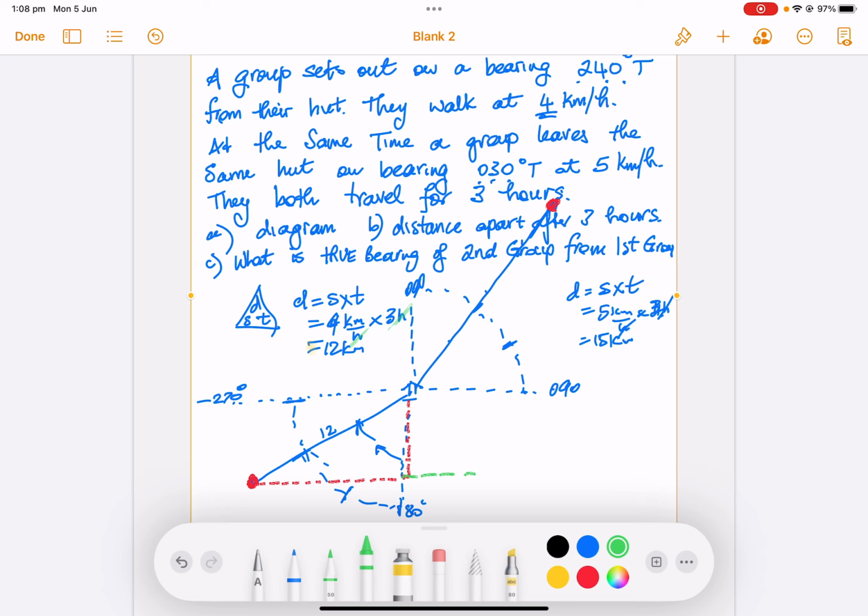Then I want to make that triangle, that green triangle. And really, I'm going to make two triangles here. Now, this is 60 degrees here. That's 30.